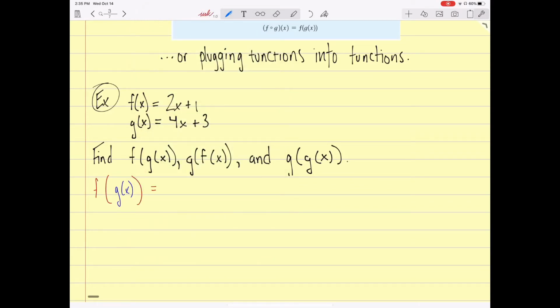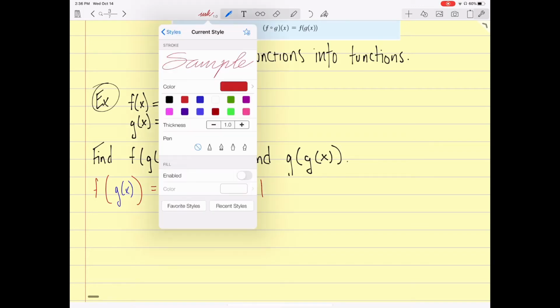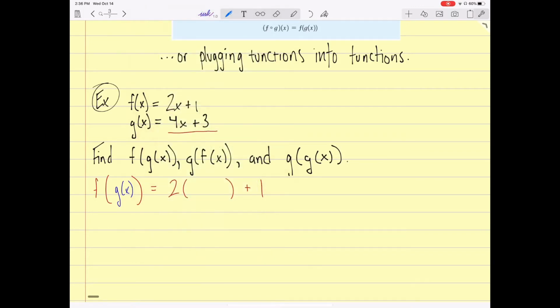Okay, so what this means is that we're taking this function 4x plus 3 and we're going to replace x in f. So the f function, so I'm going to write this in red, is 2 times a variable plus 1. And instead of a variable that we're plugging in, we're plugging in all of g.